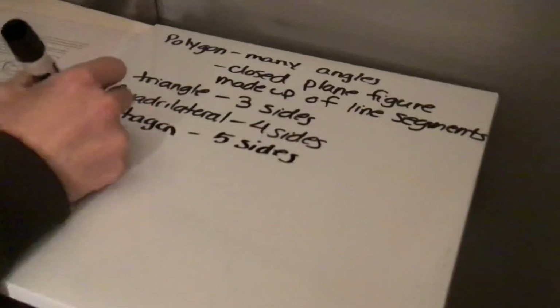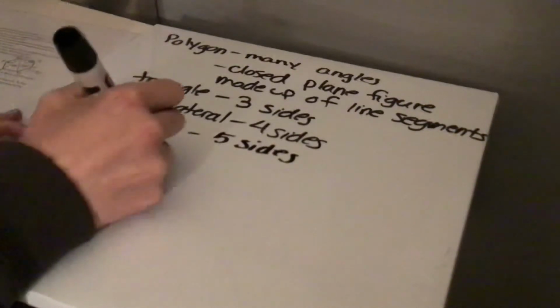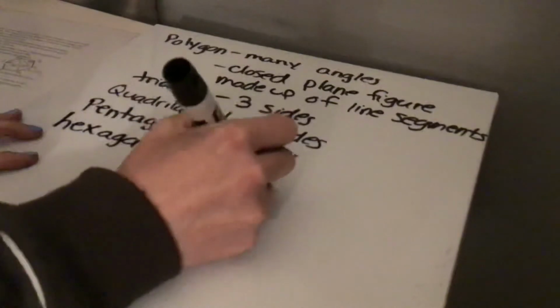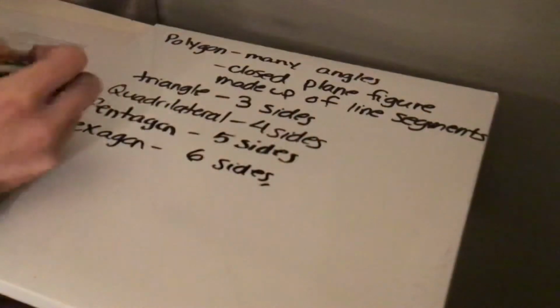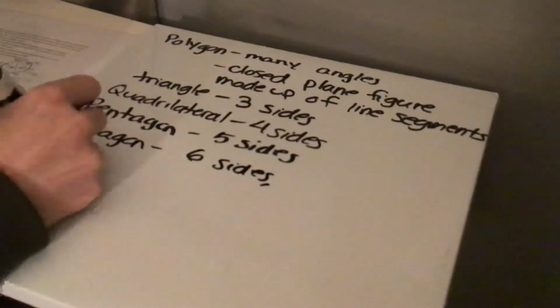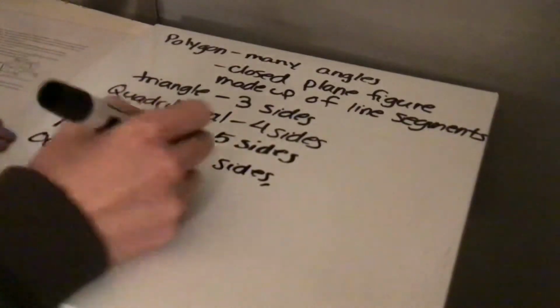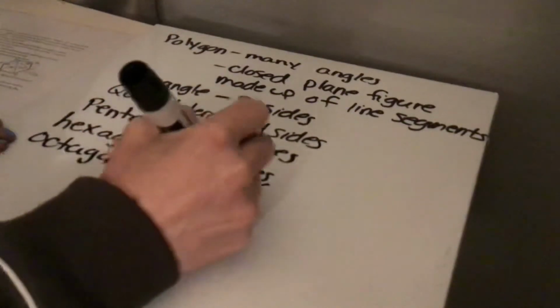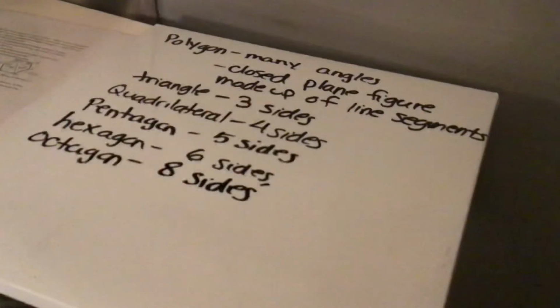A hexagon has 6 sides, 6 angles, 6 vertices. And an octagon has 8 sides, 8 angles, 8 vertices. Okay, so just some specific polygons. We're naming them by the number of sides they have. Okay.